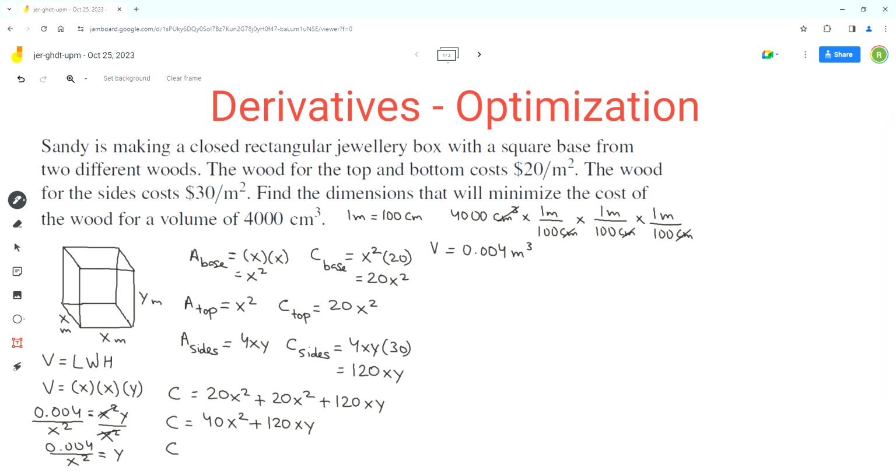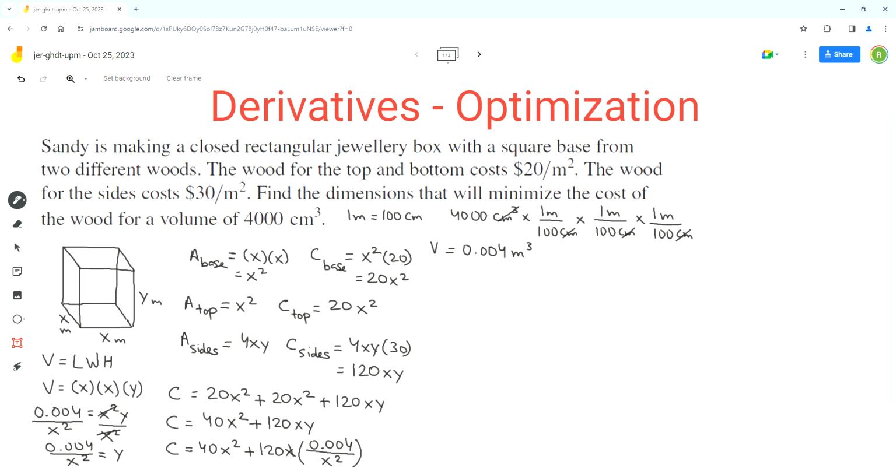So we get c equals 40x squared plus 120x times 0.004 over x squared. Now we can simplify this expression.